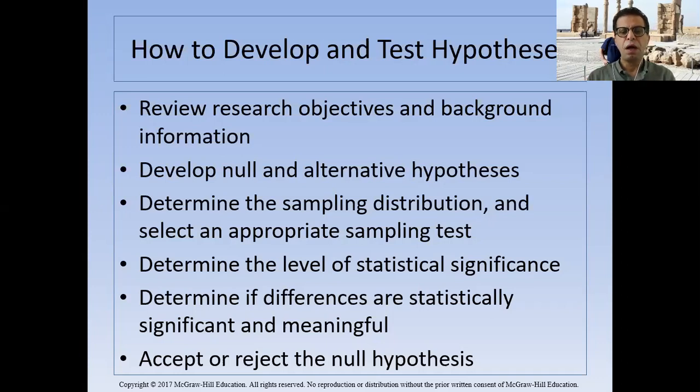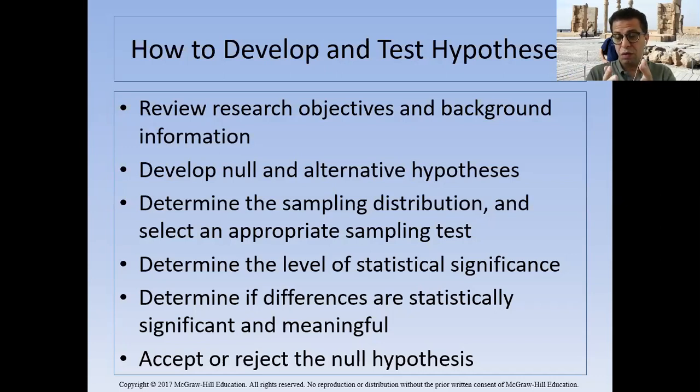Determine the sampling distribution and select the appropriate sampling test. You have the hypothesis and you do your sampling test through the survey that you're going to do. Then determine the level of statistical significance and determine if the differences are statistically significant.